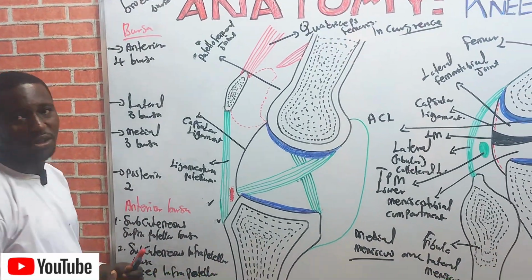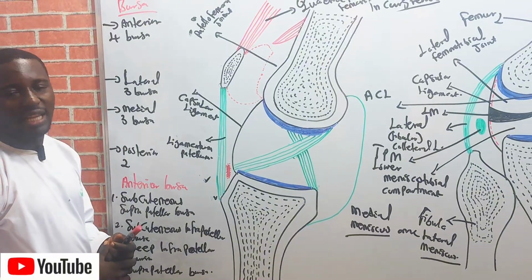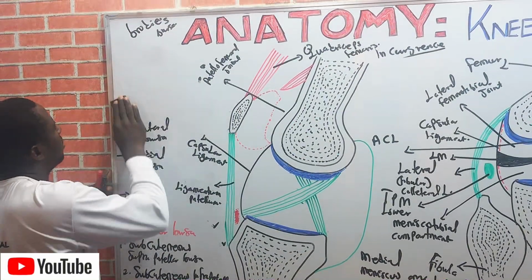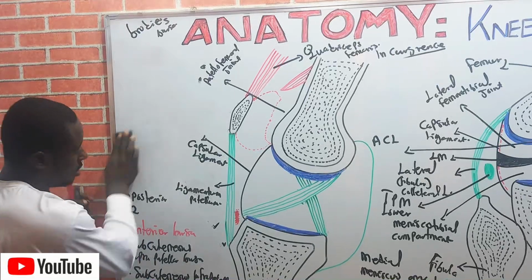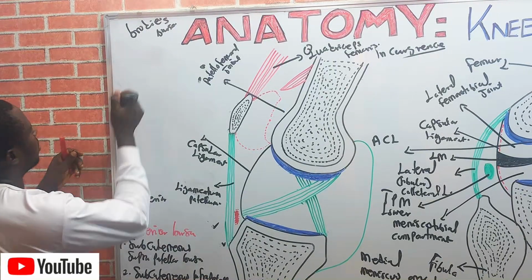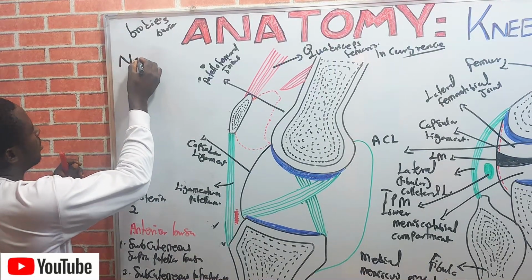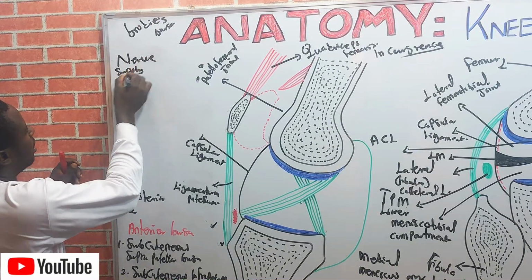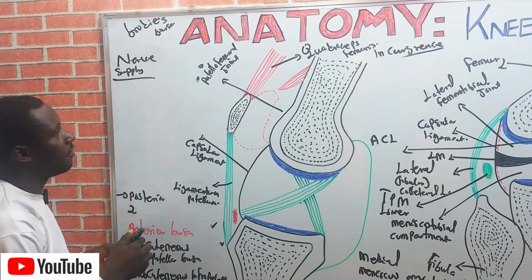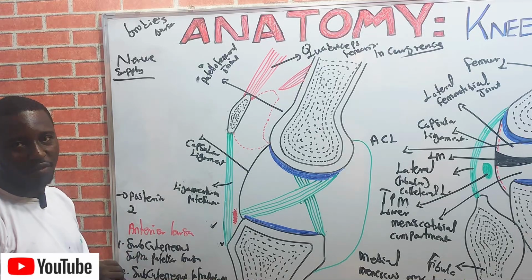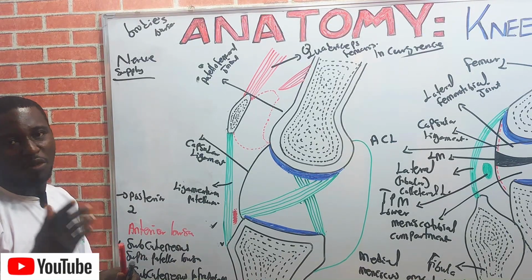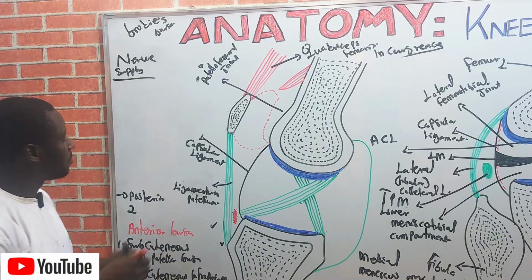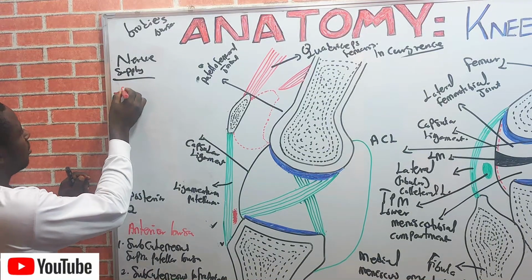Now, the next we shall be looking at is the nerve supply. The nerve supply of the knee joint is three groups of nerves. One is the femoral nerve, particularly from its vastus branch.